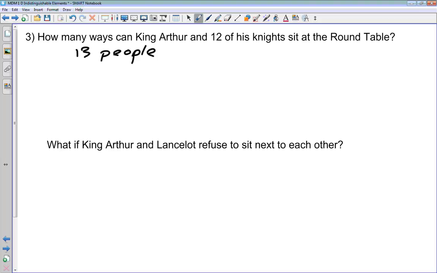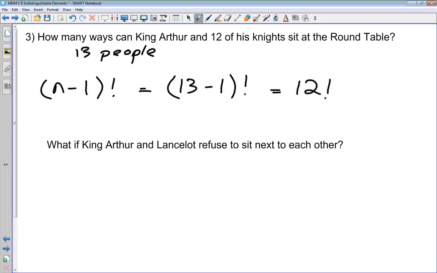So how many arrangements are going to be possible? We're putting them in a circle, so it's going to be n minus 1 factorial. So in this case, that's 13 minus 1 factorial, or 12 factorial, different ways.